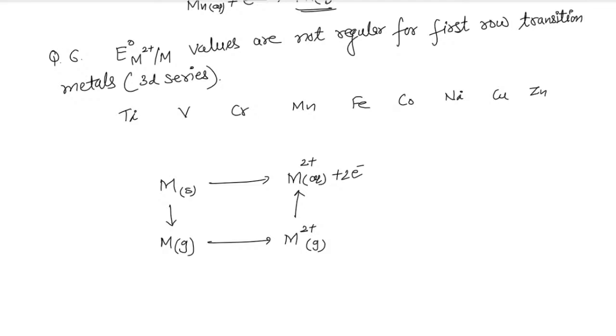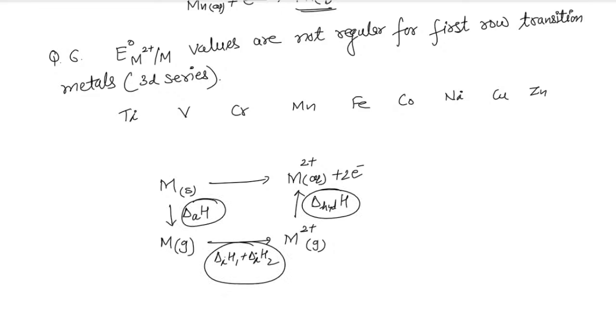So for M solid, first sublimation enthalpy, meaning enthalpy of atomization, is used, then first and second ionization enthalpy is used, and the third one is hydration enthalpy. These are the three things involved while determining the E naught value.